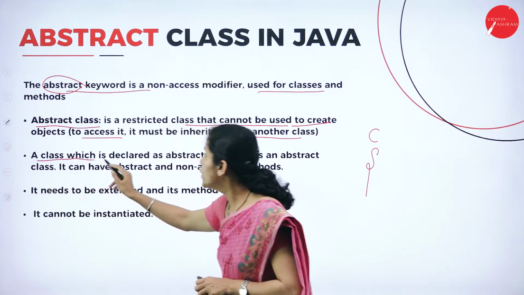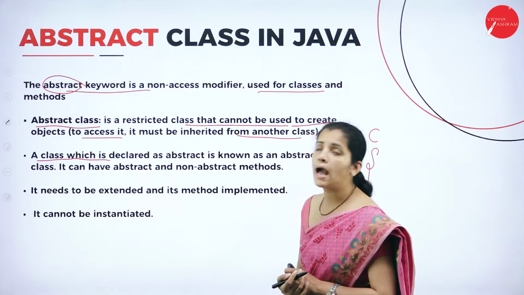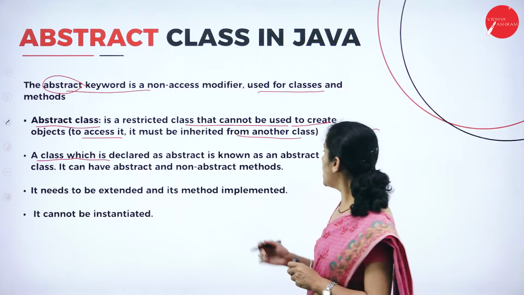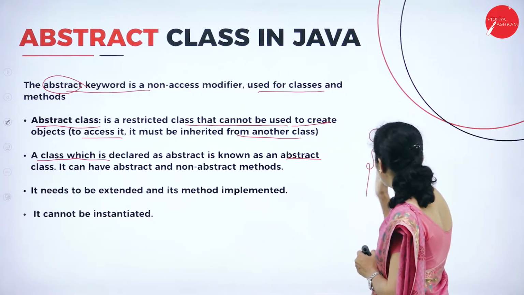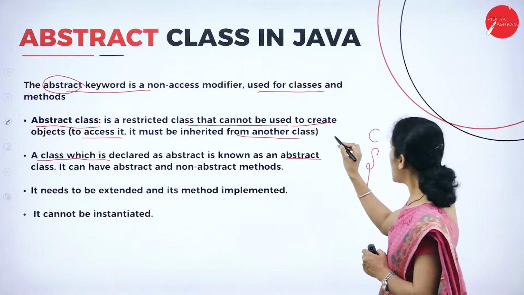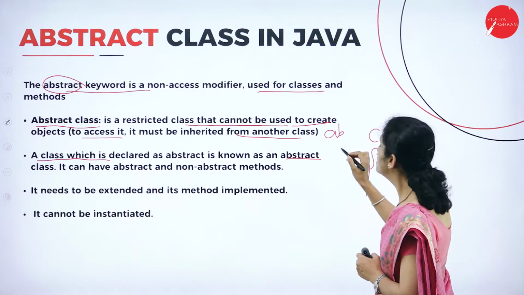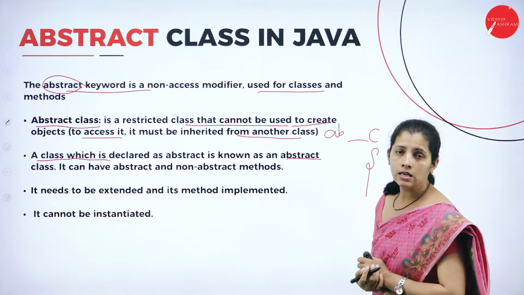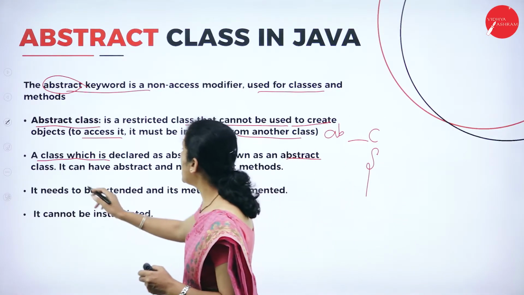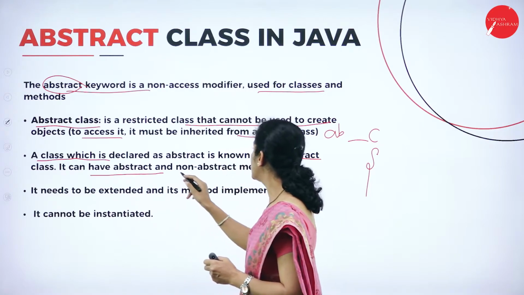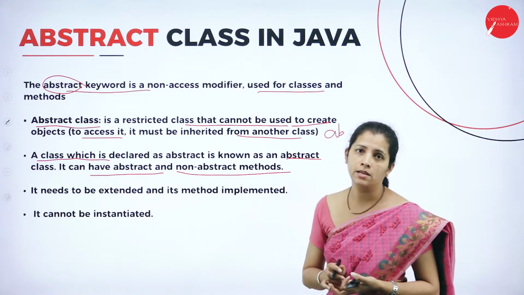A class which is declared as abstract is known as an abstract class. That means, if I prefix the abstract keyword before class, then it is called an abstract class, and it can have abstract as well as non-abstract methods.